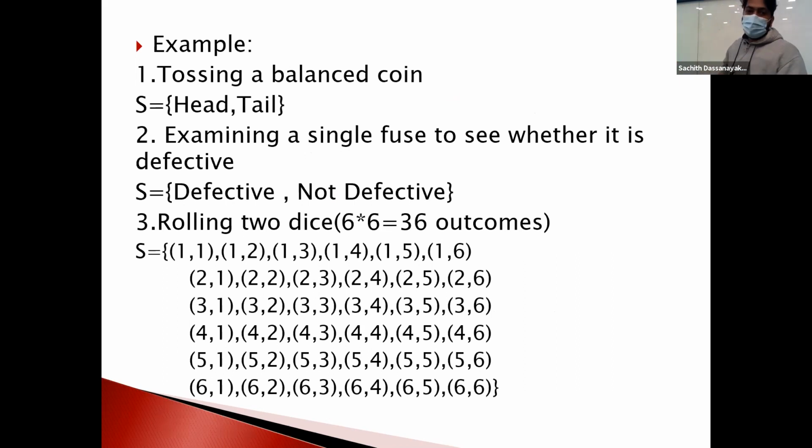Tossing a balanced coin. Why did I mention balanced? Because sometimes we have an unbalanced coin as well, or we call it a biased coin. If it is a balanced coin, it has equal chances to get head or tail, like 50-50.